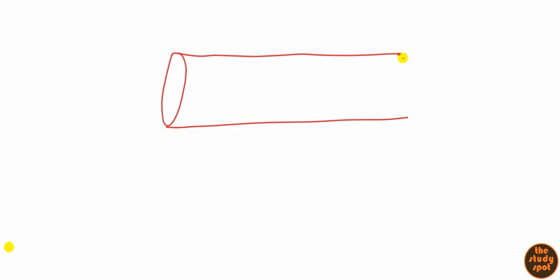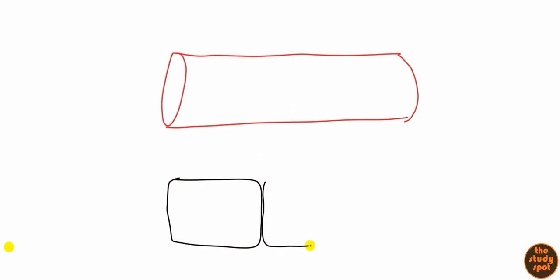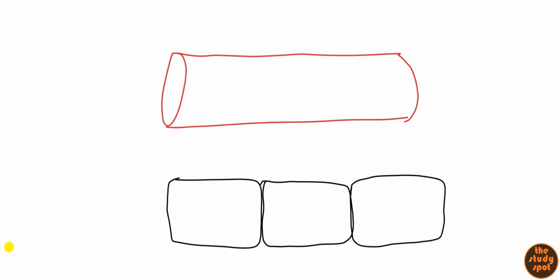So real quickly, let's take a look at osmolarity and what it is. Here is an artery, or a vessel actually we should say. Adjacent to the vessel, in this area here next to the vessel, we have a row of cells. And fluid is present inside this entire area.